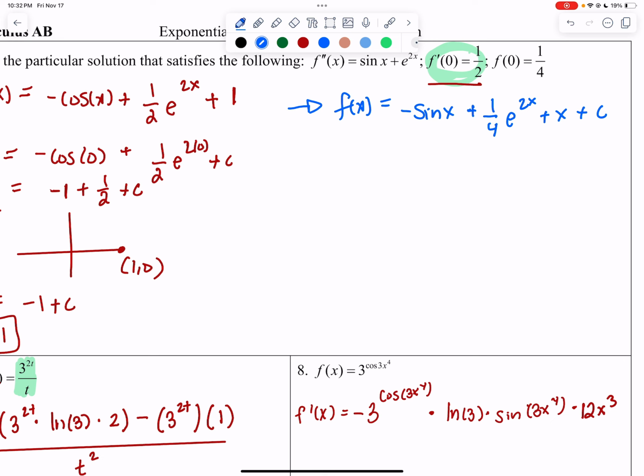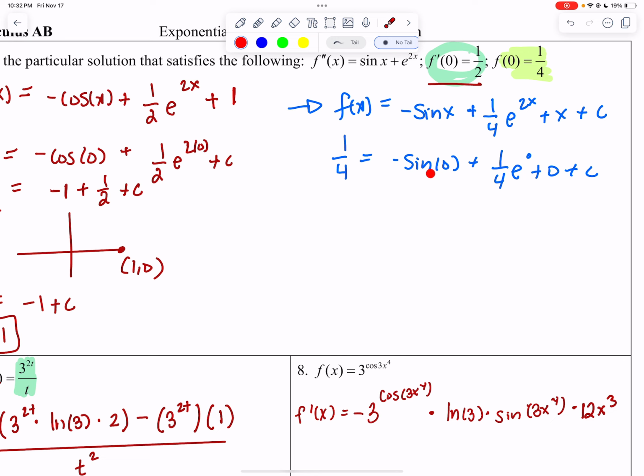Now, if f of 0 is equal to 1/4, aka this condition right here, I'm going to substitute in 0. You'll notice that sine of 0 is going to be 0, and then you have 1/4 plus 0.